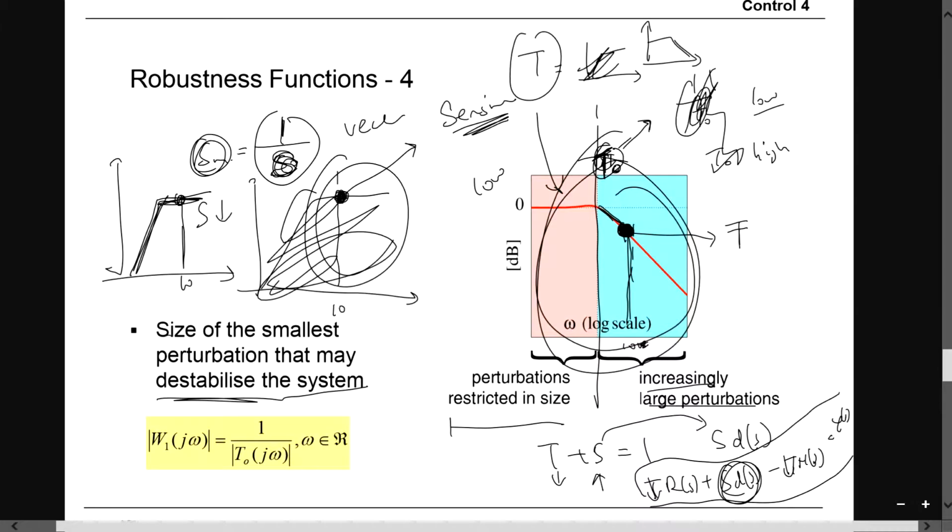And the size of the smallest perturbation is simply stating that if you restrict it, instead of this being for T, my perturbation in this case, the range is for w1, then I have a lesser amount before it destabilizes. That's the meaning of that.